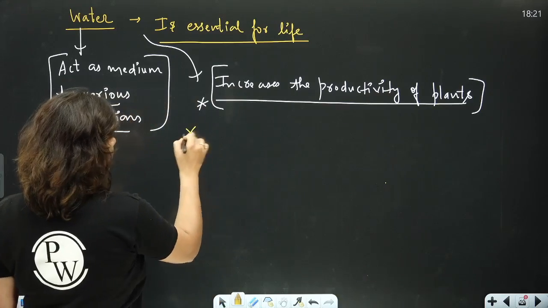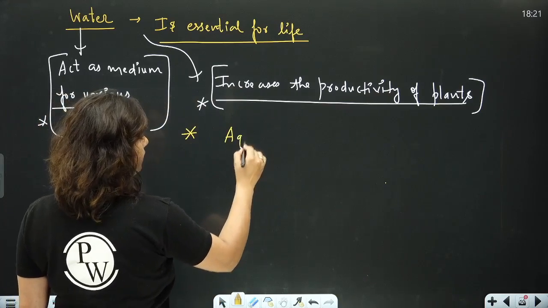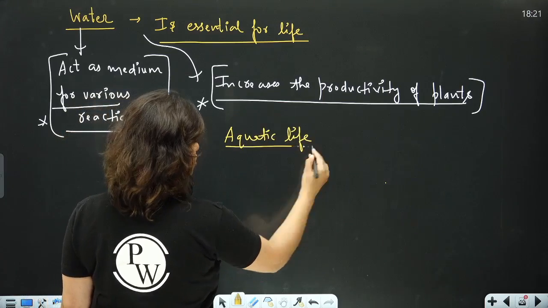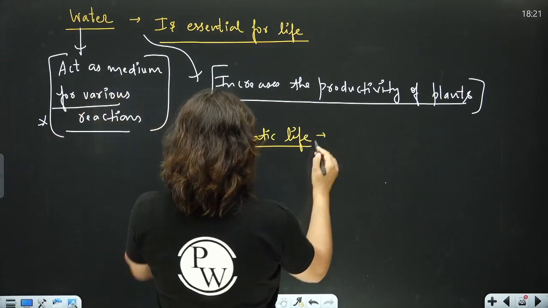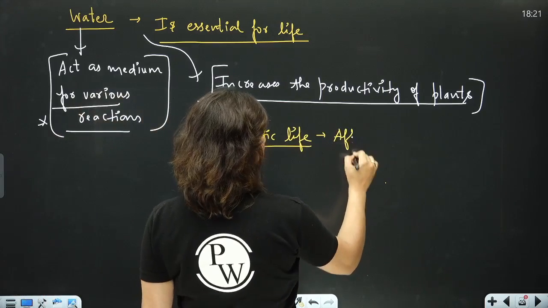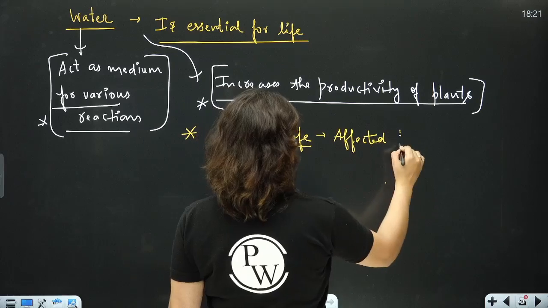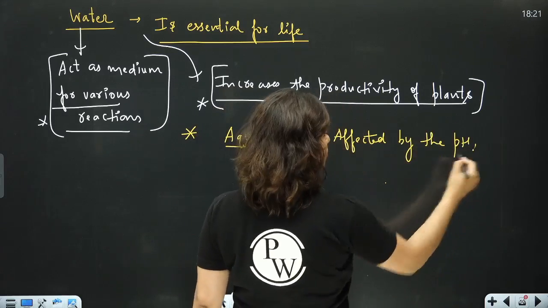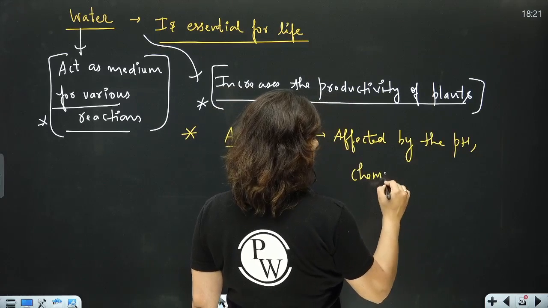Now, the aquatic life, the plants and the animals which are found in the water, they are affected by the pH, the chemical composition of water, right?